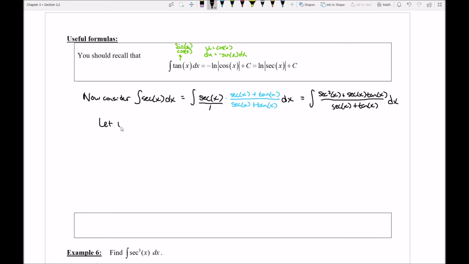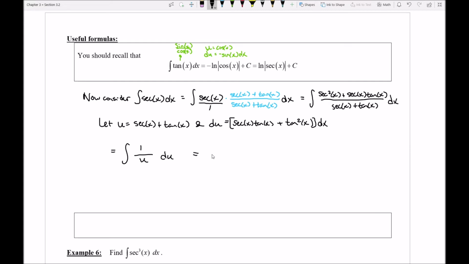That makes it a perfect candidate to perform a u substitution. I'm going to let u be equal to that denominator. Then du is going to be equal to secant x tangent x plus secant squared x dx. And since I have all of that, I can replace what I have with just one du over u.